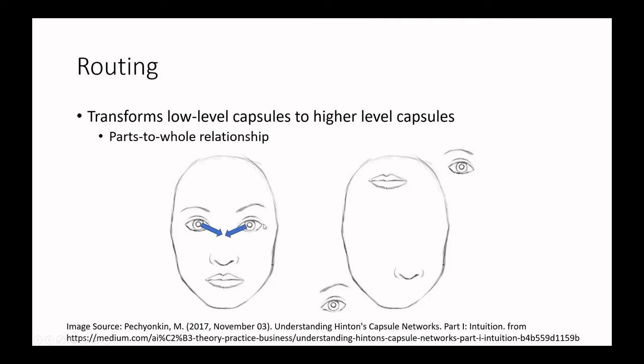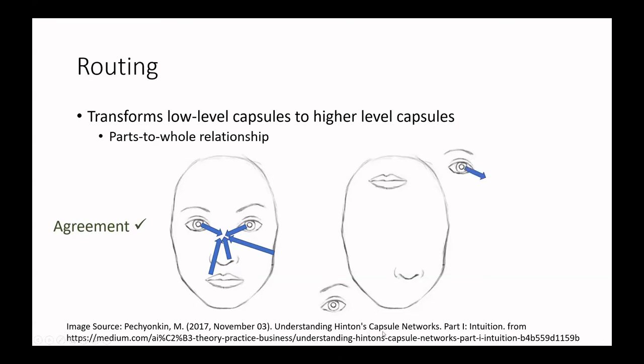The right eye will also point here. Then the nose and other parts will point to the center of the face, based on the parts. So that's the part-to-whole relationship. Now, if you give this image to the capsule, there's an agreement, okay? There's an agreement that these parts agree on the same location, the center of the face, and so this is a face.